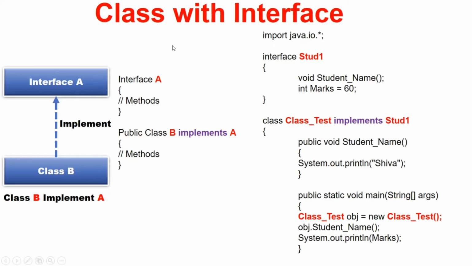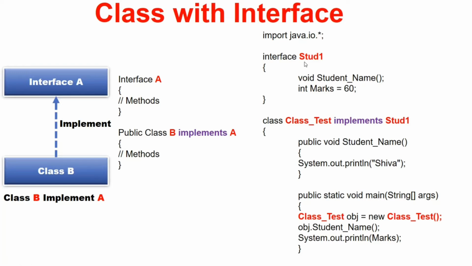This class B is going to implement this interface A. Okay. In general, there is no description or definition in the interface. It's only abstract. So this abstract can be implemented in the class. Okay. So this is an example of an interface with a class, right?